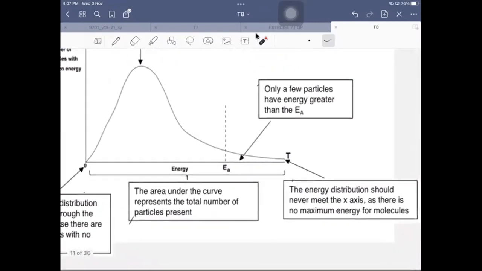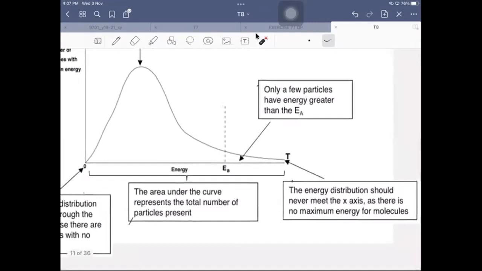Now, another thing to notice is that the energy distribution should not touch the X-axis, because if it touches the x-axis, that means there is a maximum energy of a molecule, and we don't know that. In theory, there's no maximum energy for molecules.